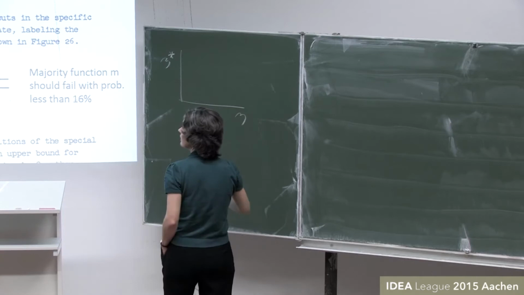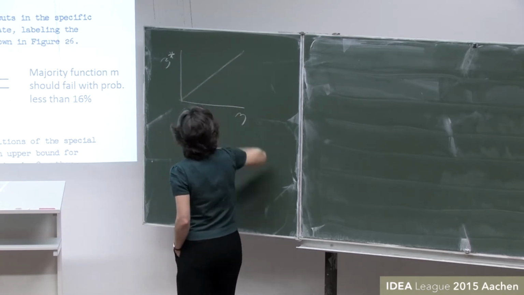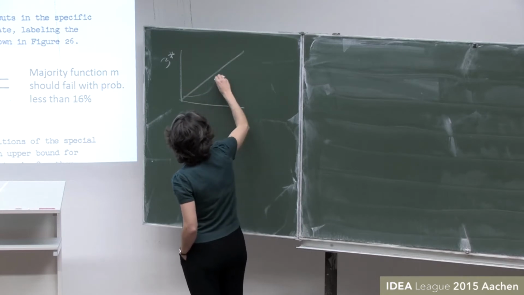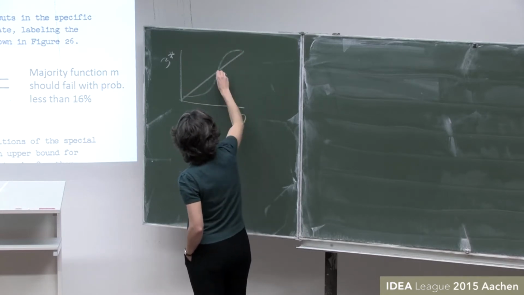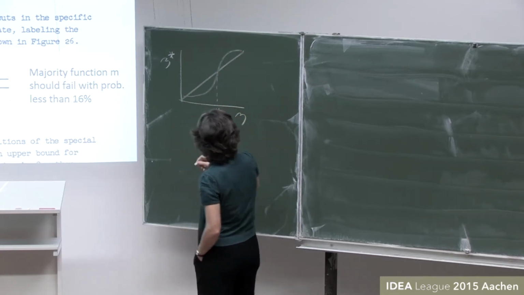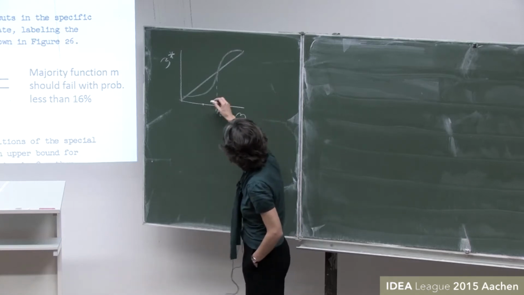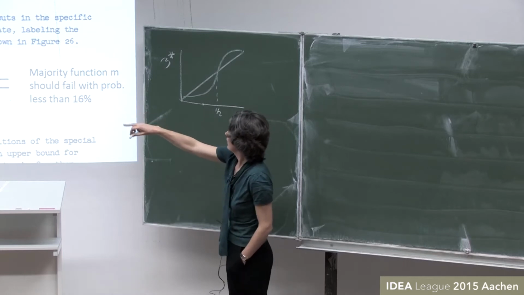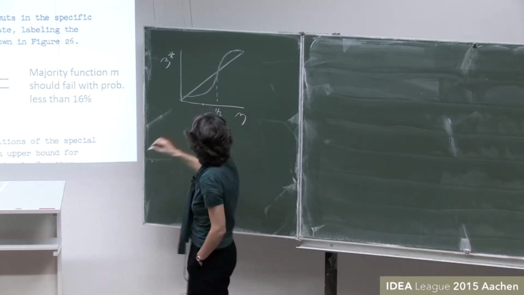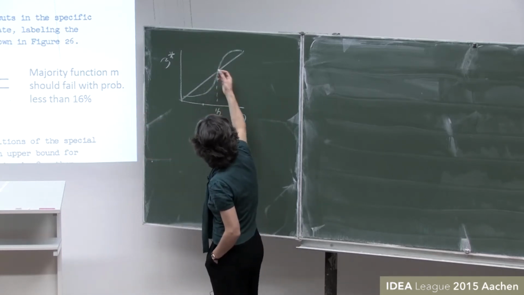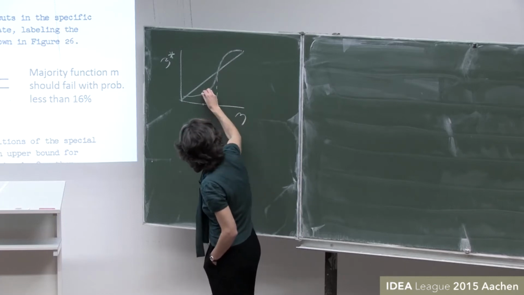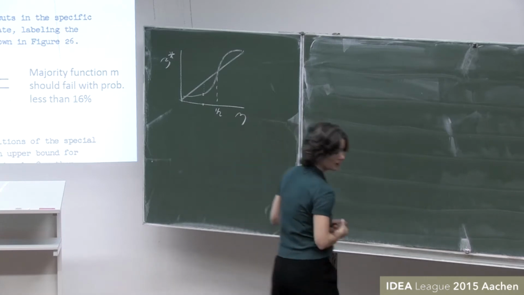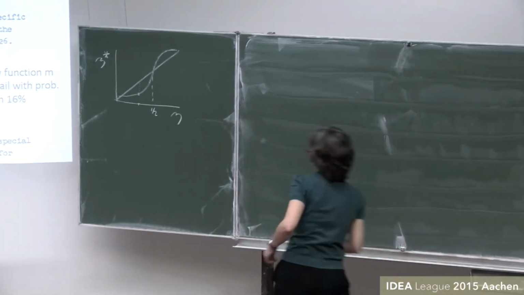Okay, so there's this line where they're equal. And let's assume he has some curve that looks like this. So say we start at some error rate over here. And so the new unit, the compound unit, will have an error rate which is this.